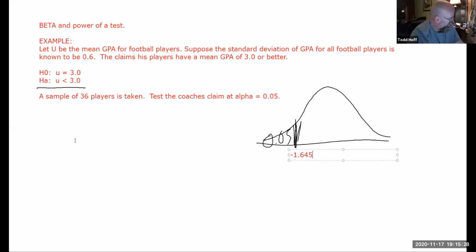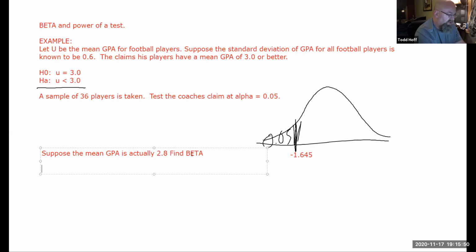So now let's say, suppose the mean GPA is actually 2.8. Find beta.